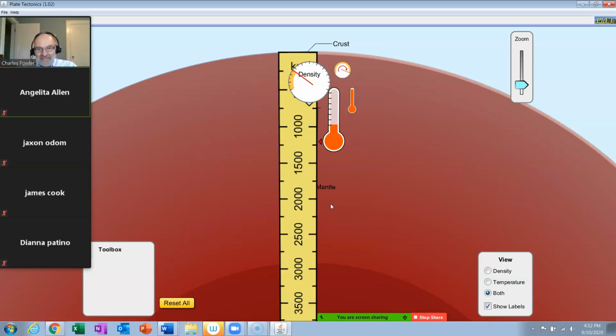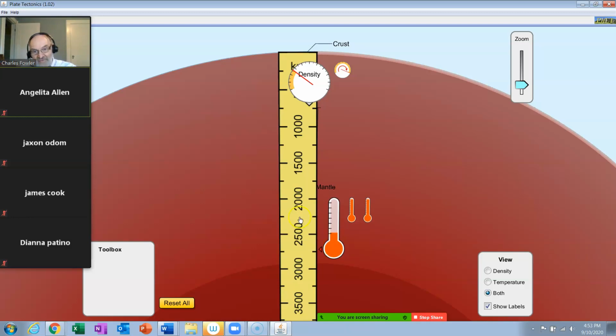What's next? Move the thermometer until... Okay, let's watch me do it. See, it's going up, up, up. Whoa! Right about there.